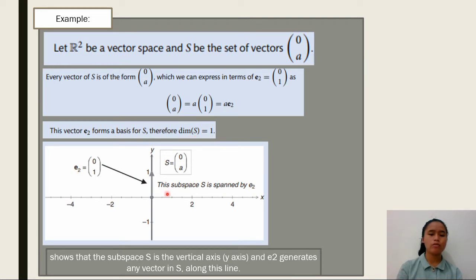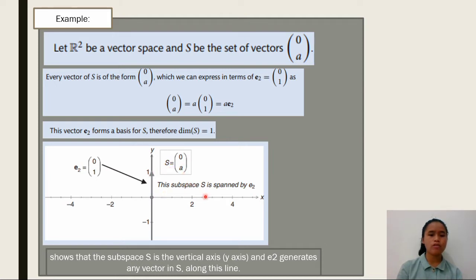It is 1 because the vectors lie on a vertical line. So S is (0, a).